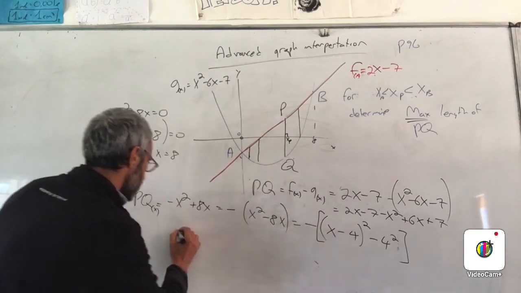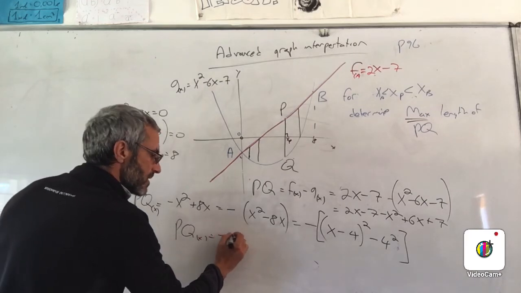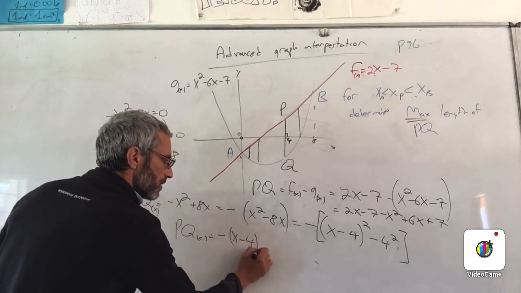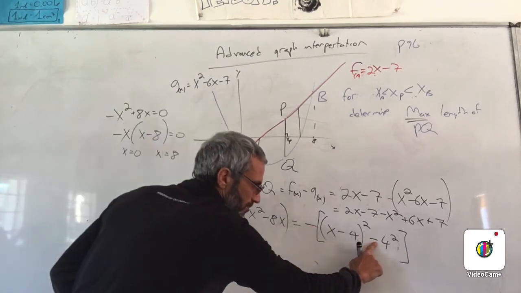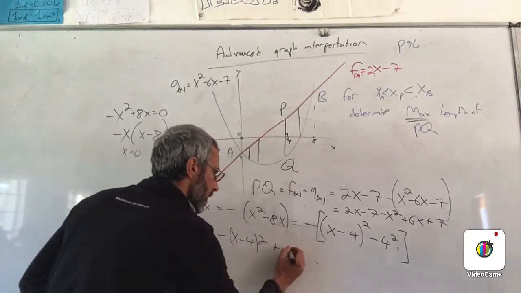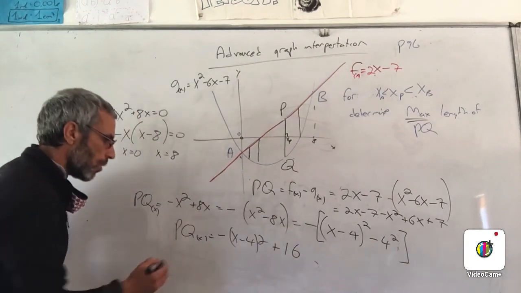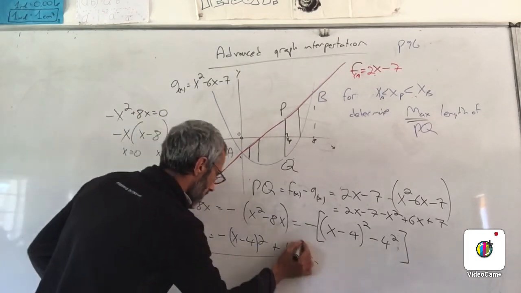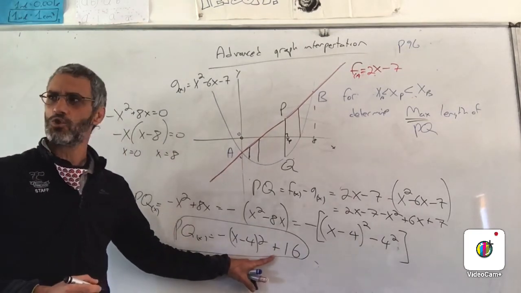So what we will get, I'm going to write it again here, PQ of x equals minus (x minus 4) squared. I'm just multiplying that by this, and then I'm going to multiply that by that. Plus, what is 4 squared? Plus 16. Okay? What we've done now is we took this quadratic expression and we completed the square.